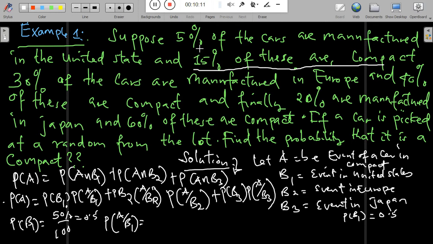There is where we obtain the probability of A given B1, where we take 15% and divide by 100, the number of the sample space. That gives you 0.15. So the probability of A given B1 is equal to 0.15.